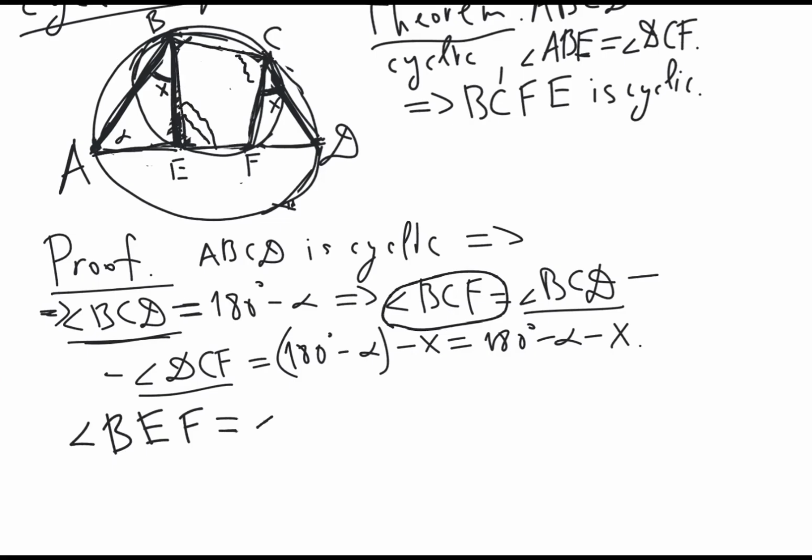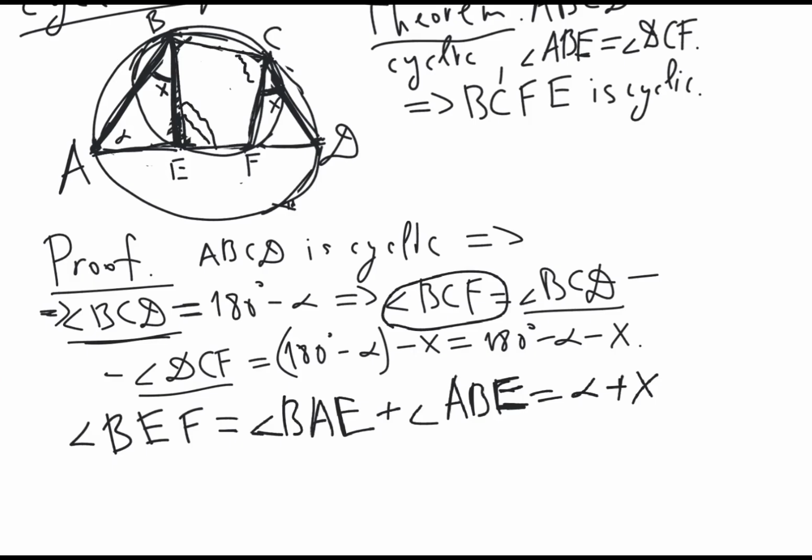So it's equal to the angle BAE plus the angle ABE, which is equal to alpha plus x, an external angle in this triangle.